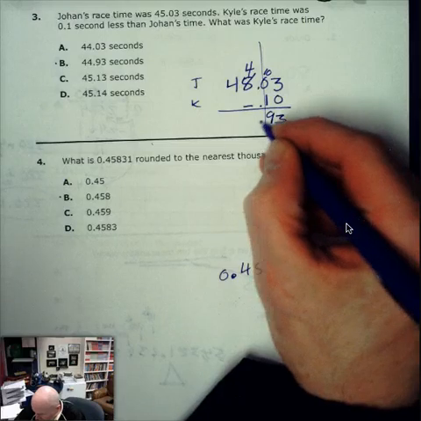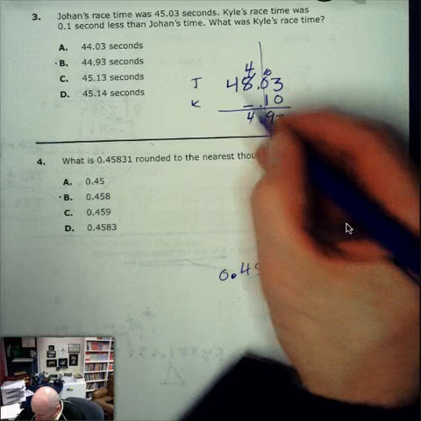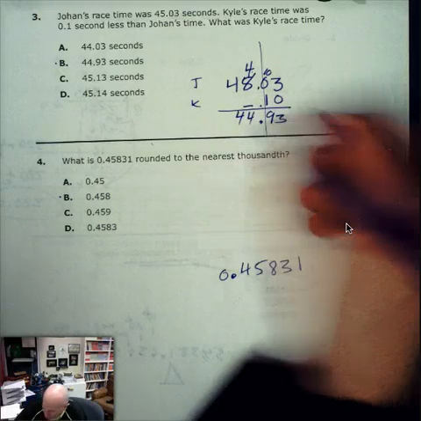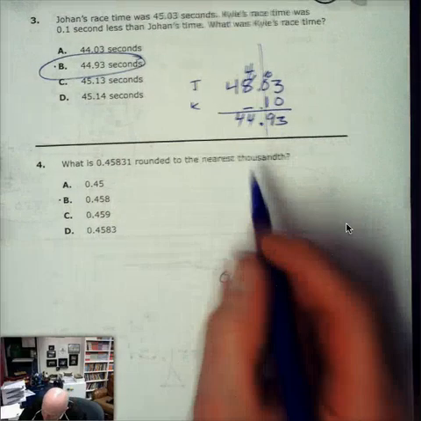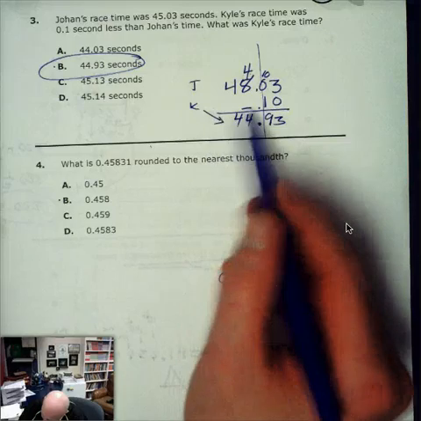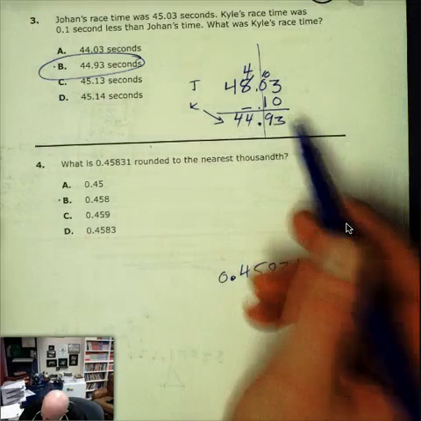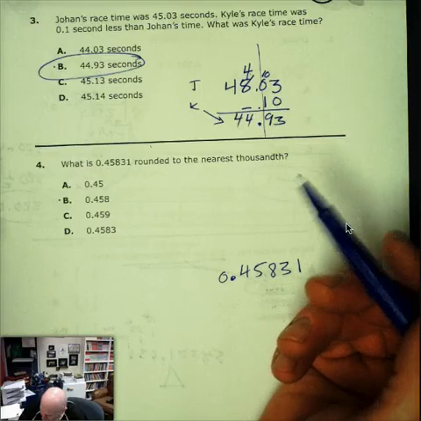There's my decimal point. And of course 4 minus 0 is 4. 4 minus 0 again is 4. So I have 44.93 seconds. Let me just double check. What was Kyle's race time? Yeah, Kyle was minus 0.1, or a tenth of a second, so it's 44.93. Okay?